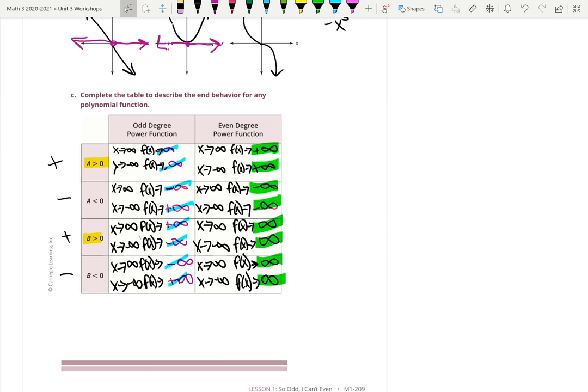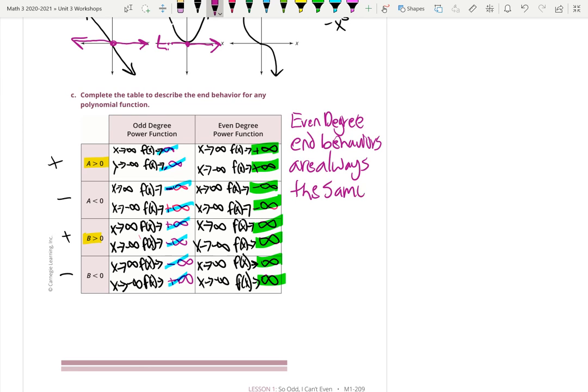I know that even degree end behaviors are always the same, and I know odd degree end behaviors are always the opposite.